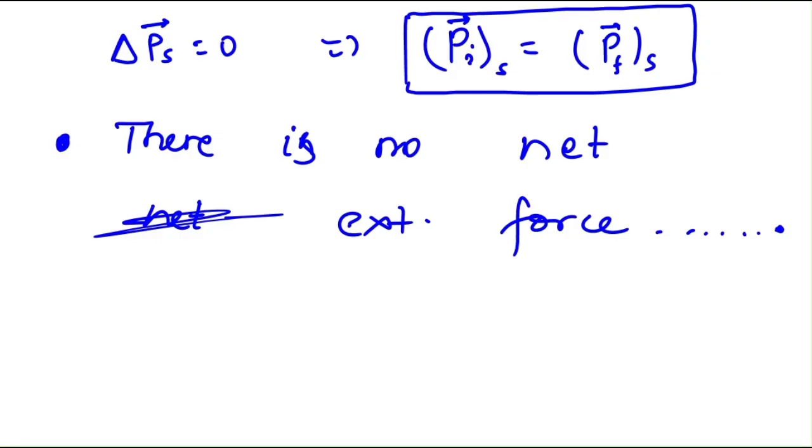Now, making things simpler. Okay, before that, let's introduce the kinetic energy aspect here also. What will happen to the kinetic energy? So there are two possibilities during collision. One possibility is that the kinetic energy of the system will not change.